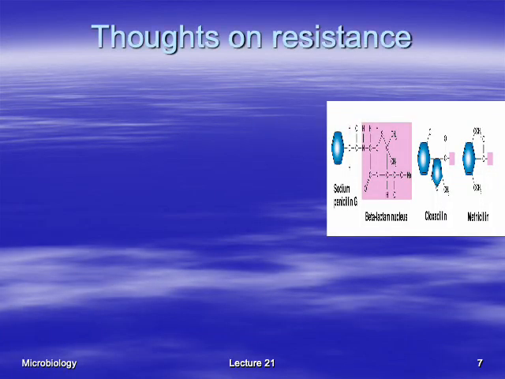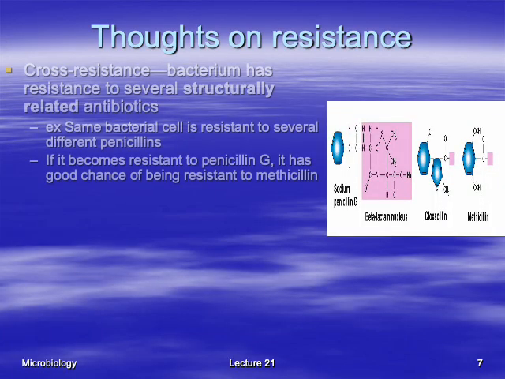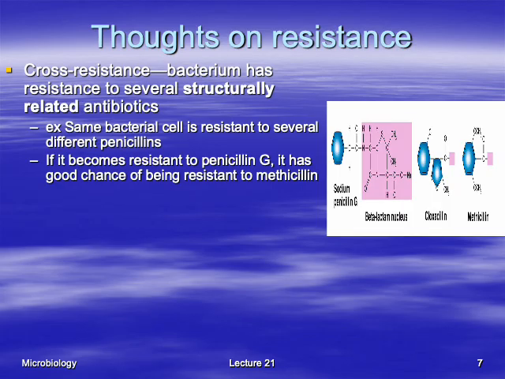So a couple thoughts on resistance. First of all, cross resistance means if a bacteria is resistant to one antibiotic, it might be resistant to several structurally related antibiotics. All right.